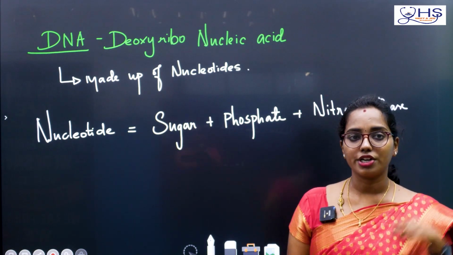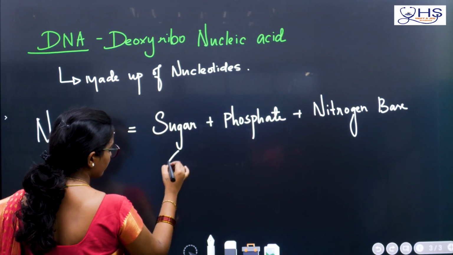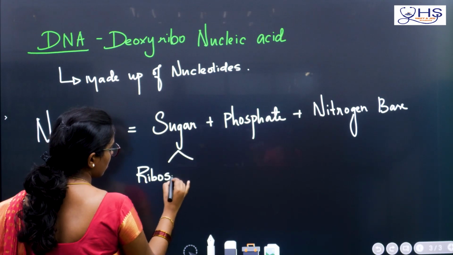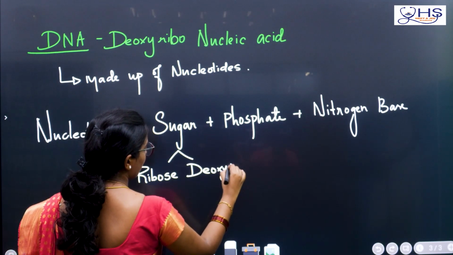This is called a nucleotide. The sugar could be of two types. One is ribose, another one is deoxyribose.